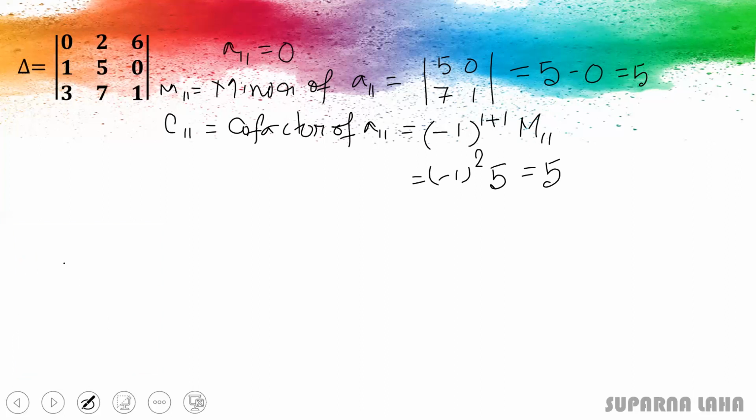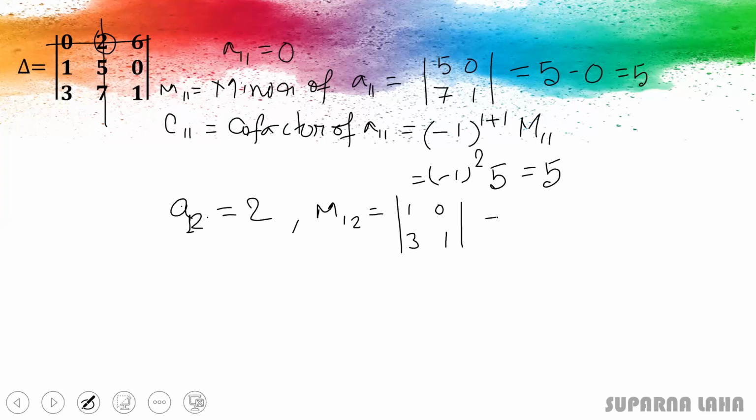Now moving to the next element, that is a12. Let's take a12. What is a12? First row, second column, this element 2. Right? For finding M12, we need to remove the first row and the second column. So the remaining determinant is 1, 0, 3, 1.